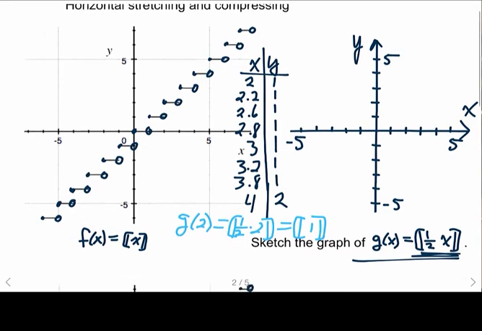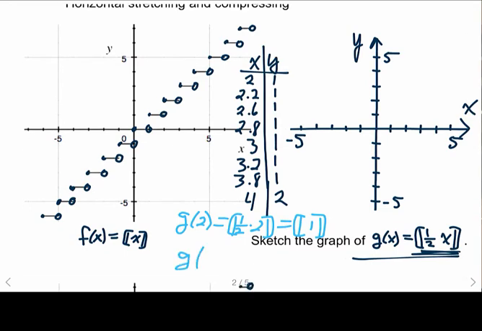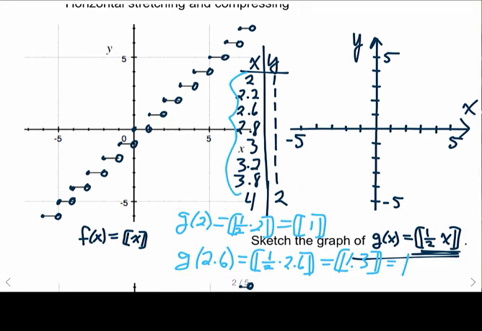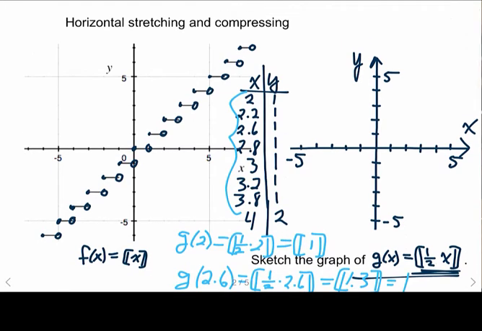And then if we have something like g of, let's say, 2.6, that's going to be the greatest integer of 1/2 times 2.6, which is equal to the greatest integer of 1.3, which is going to be 1, right? So that's why all of these, 2.2 all the way up to 3.8, evaluate to 1. 4, of course, evaluates to 2, and hopefully you can see why that is.